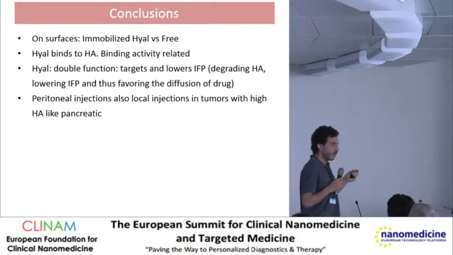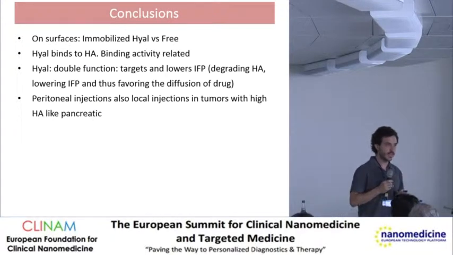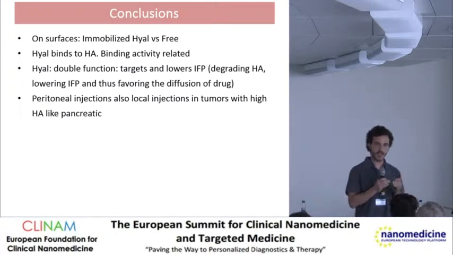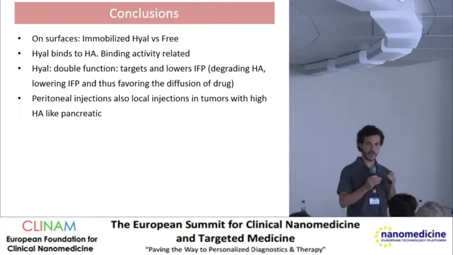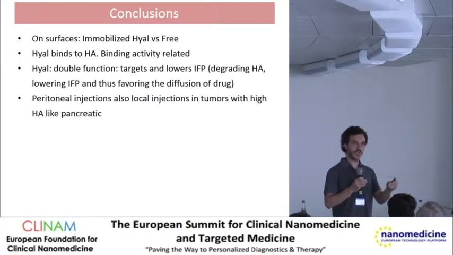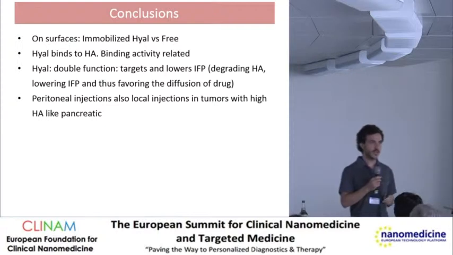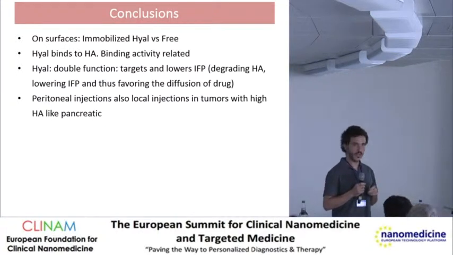And the other conclusion is that there are strong indications that this enzyme not only degrades the substrate, but has a very strong affinity for the substrate, so that would give us targeting. So we would have a dual function, targeting and degrading the HA.